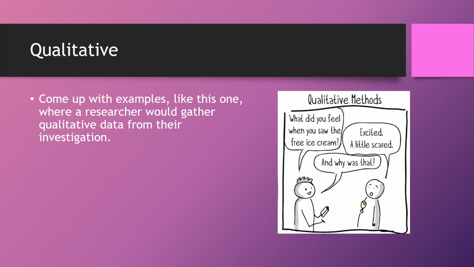So, for example, if we go to Milgram, and you can't steal this one and write it down, you've got to come up with your own, but it may be that you would want to ask people why they chose to stop obeying. How did they feel when they were told that they had to continue administering electric shocks?